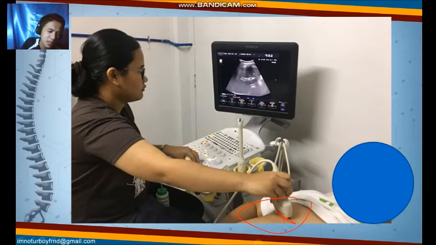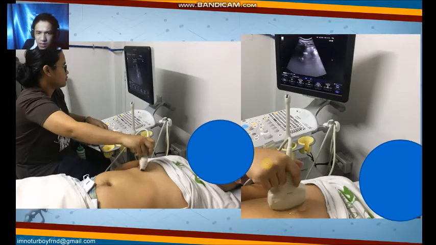If we put this in the CT scan modality, it will produce an eggshell view of the organ, or like an eggshell slice of the organ. Okay, and if the transducer would be placed in this position, so that means a sagittal cut will be produced in the image. So this is almost oblique, but that is supposedly a transverse production of image.